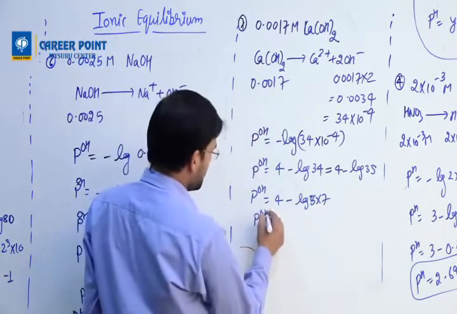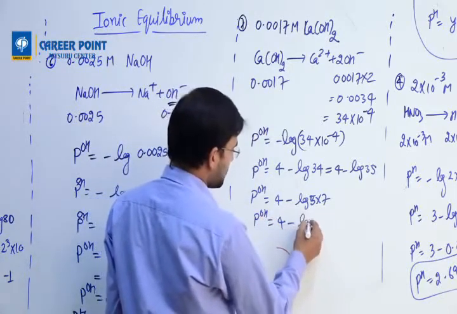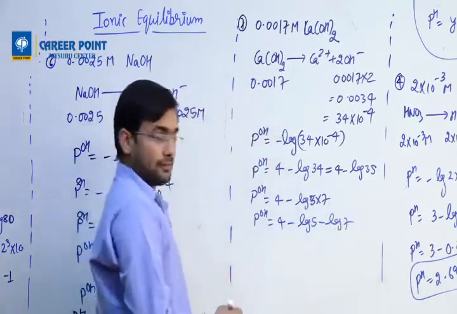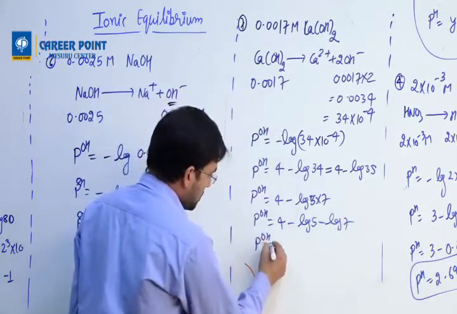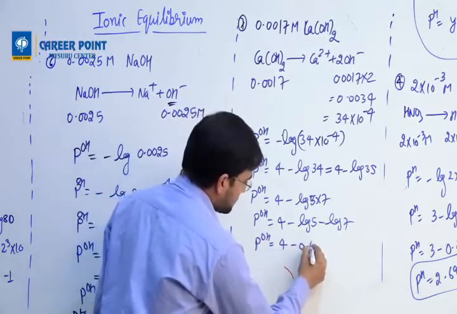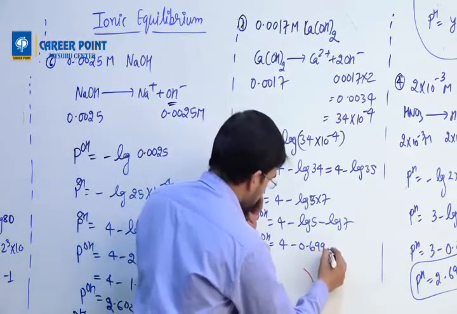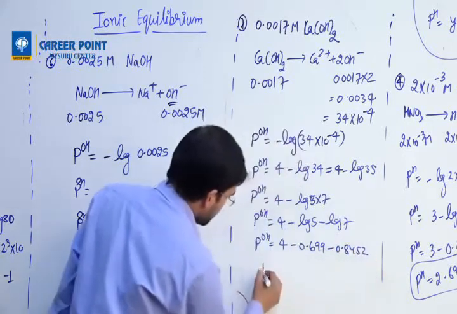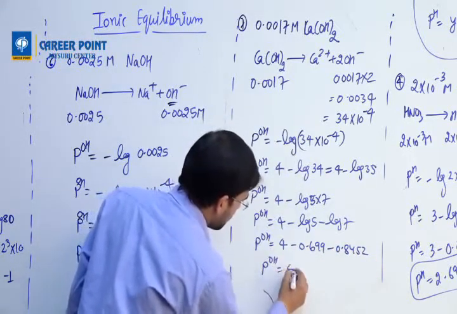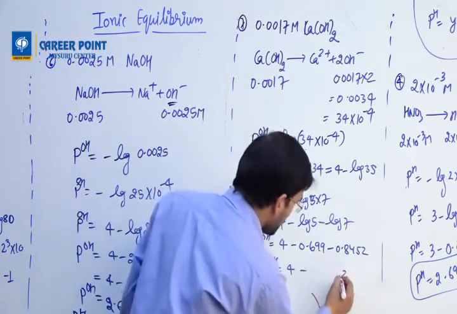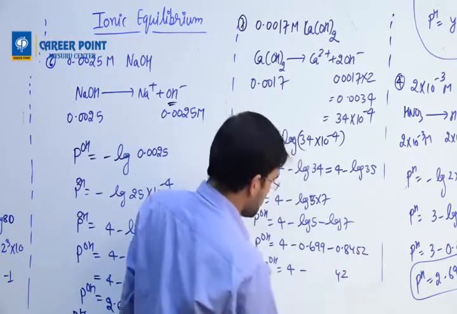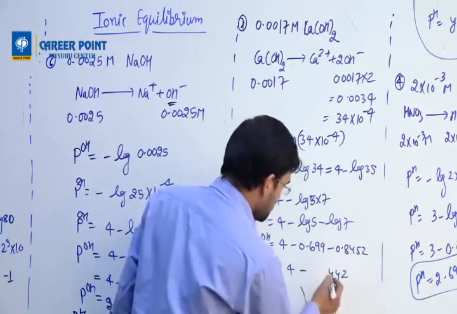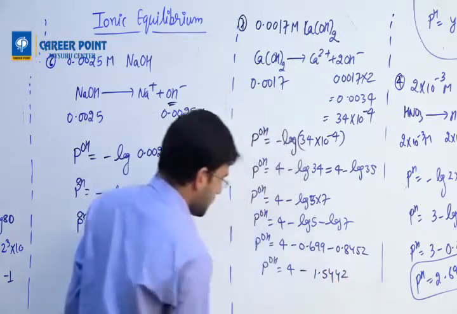Then it could be written as pOH equals 4 minus log 5 minus log 7. Right? Then pOH equals 4 minus log 5, which is 0.6990, log 7 is 0.8452. We'll add: 2, 9, 5, 4, 14, and 9, 4, 13, plus 4, 14, 8 plus 6, 14, plus 1, 15, 1.5.